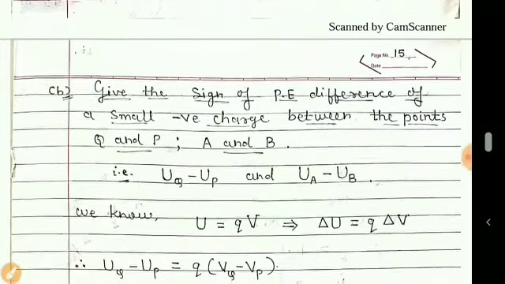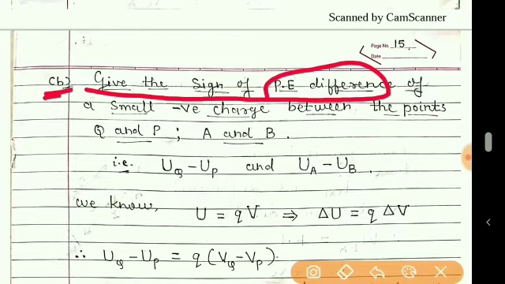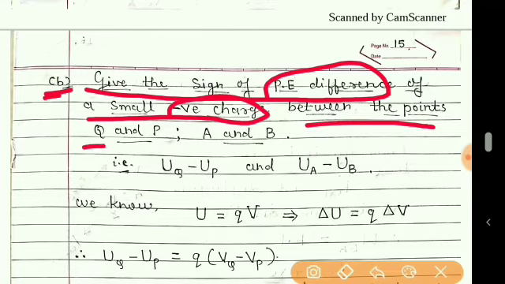Next question asked here is, give the sign of potential energy difference of a small negative charge between the points Q and P as well as A and B. Now potential energy difference is given.